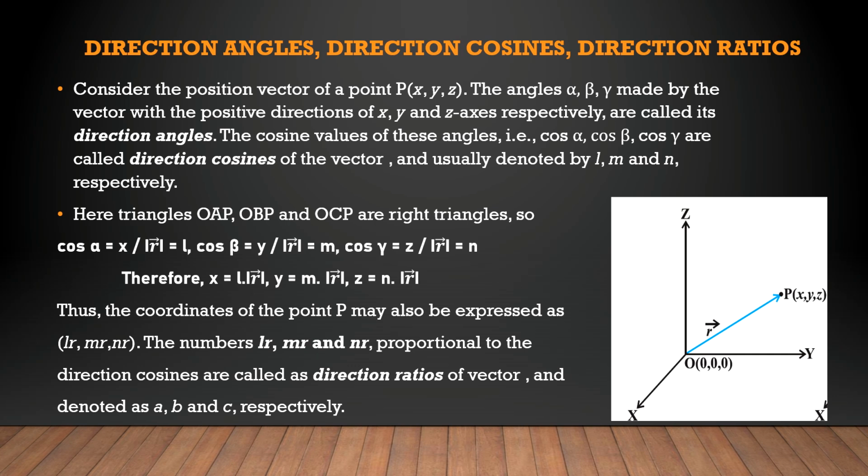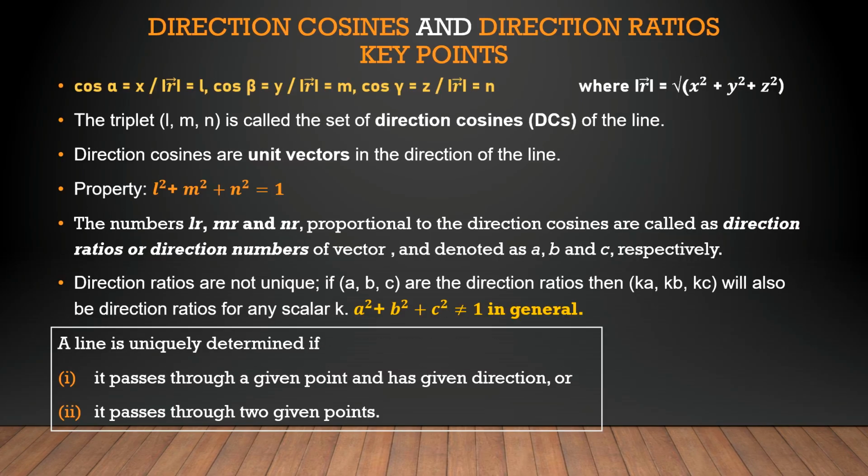A quick recap of direction ratios, direction angles and direction cosines which you need to remember. Please remember these notations and formulae. Now these l, m, n are called the direction cosines and they satisfy the property l square plus m square plus n square is equal to 1.